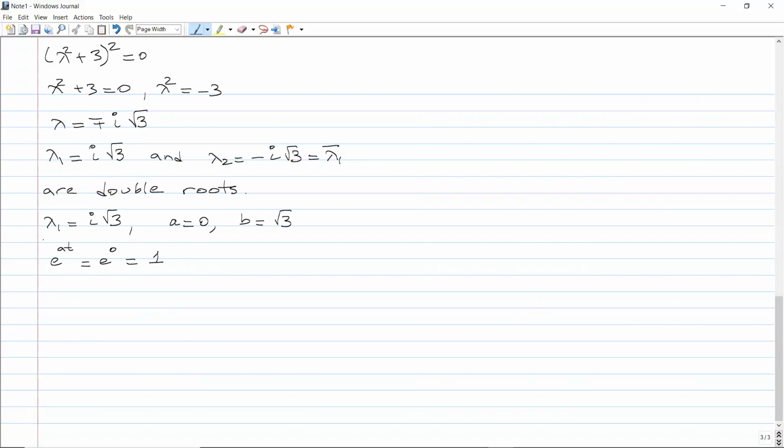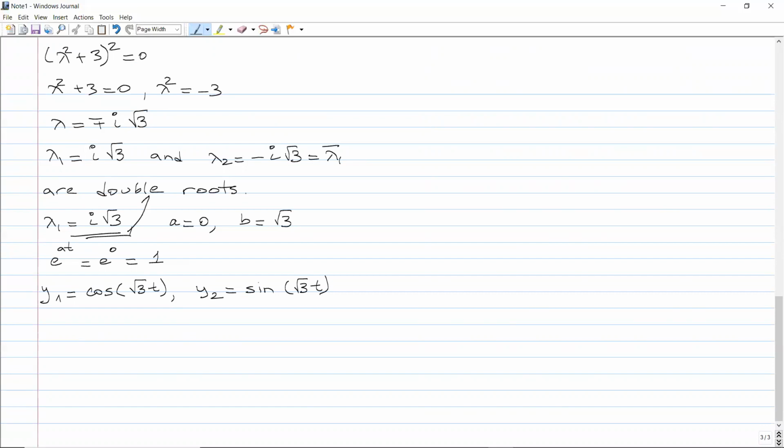So the corresponding solutions, y1 is going to be cosine of square root of 3 t, and y2 is sine of square root of 3 t. These are the solutions we get from the complex root i times root 3.